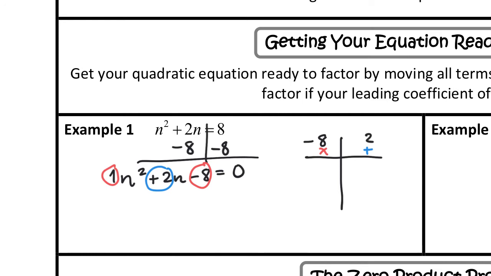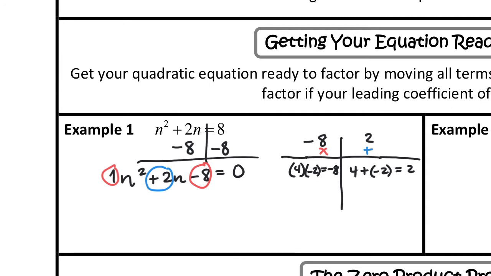So if we think about possible numbers, we should end up coming up with 4. 4 times negative 2 is negative 8. And 4 plus negative 2 is 2.